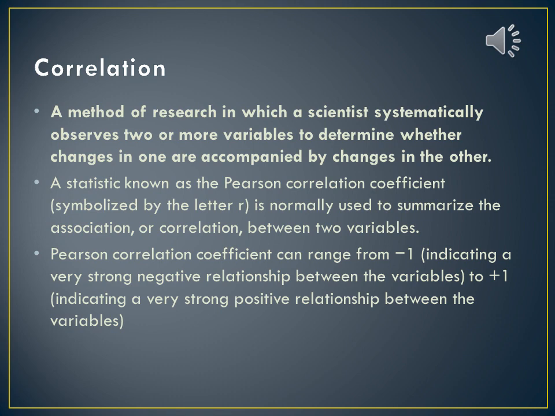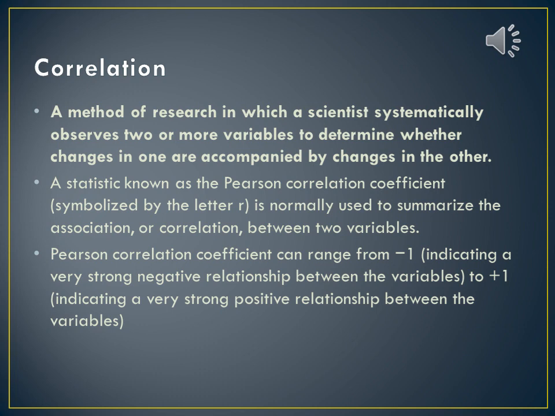The Pearson correlation coefficient can range from -1 to +1. This is the range for correlation. You can see that between -1 and +1 there exists 0.